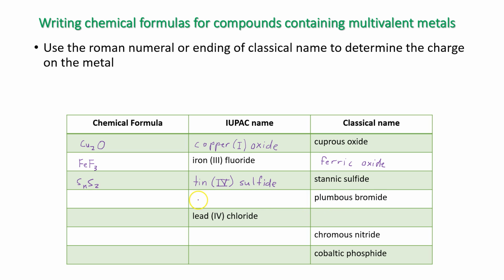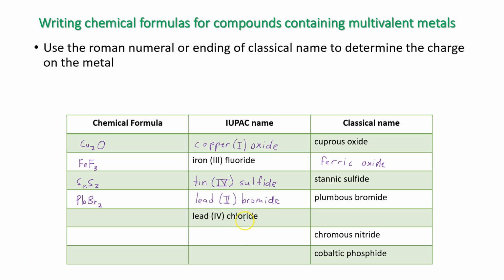So this would be lead 2 bromide, and since bromide, being a halogen, has a -1 charge, we have Pb and Br2.